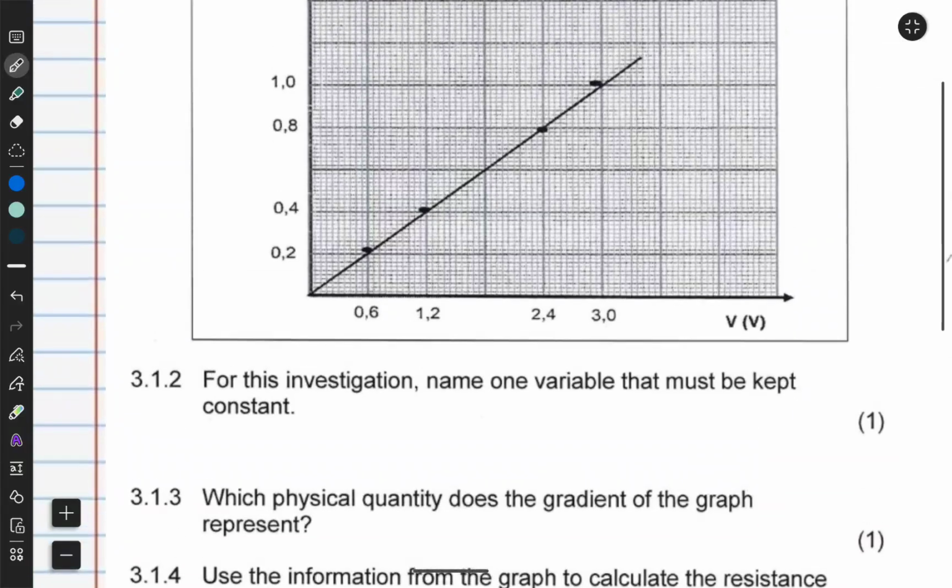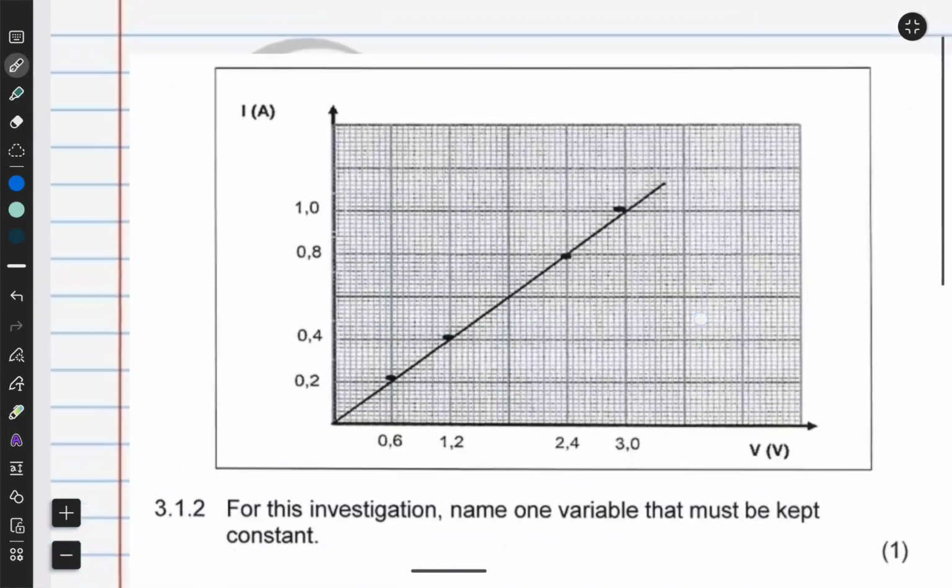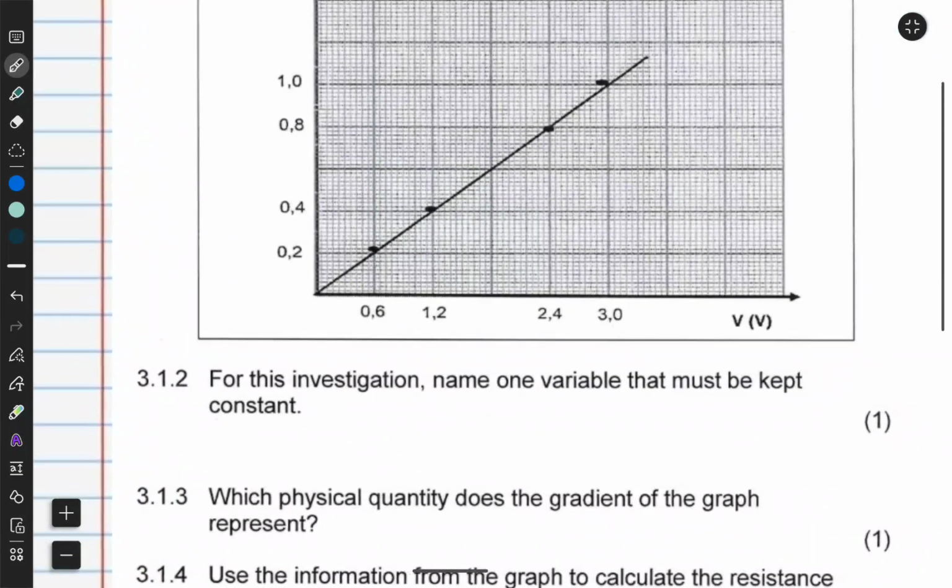So let's go to 3.1.2. For this investigation, name one variable that must be kept constant.